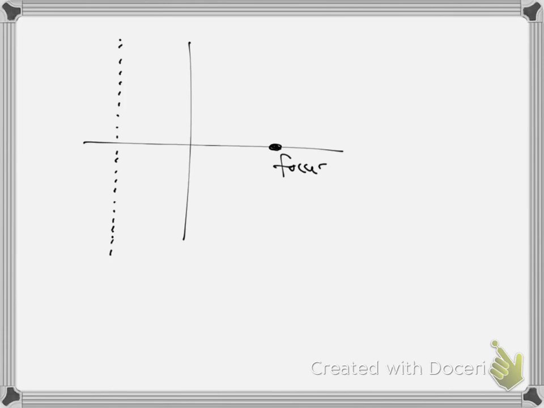Well, it all came from the idea that if you take a line, the directrix line, which is going to direct us, and you take a point, the focus point, and you ask the question, what are all the points equidistant from the directrix line and the focus point?